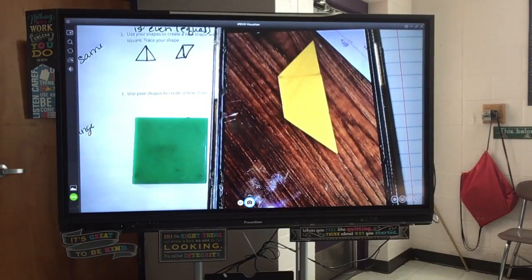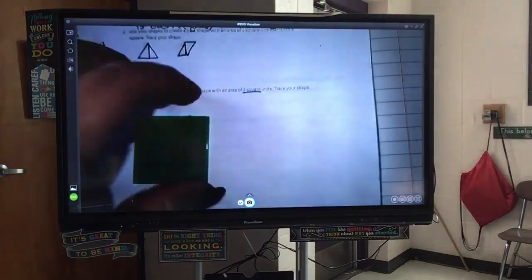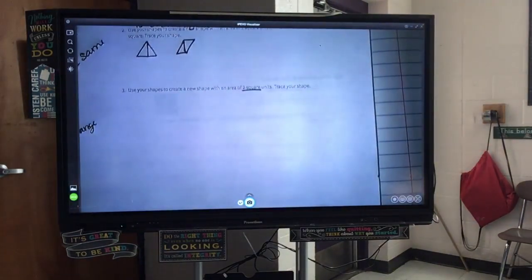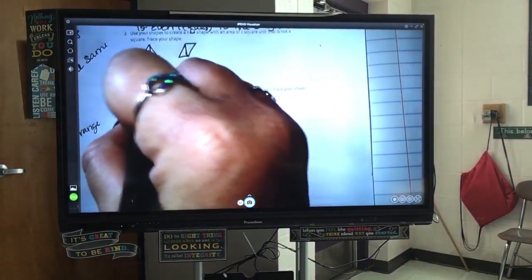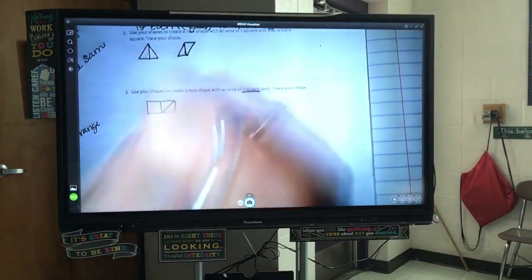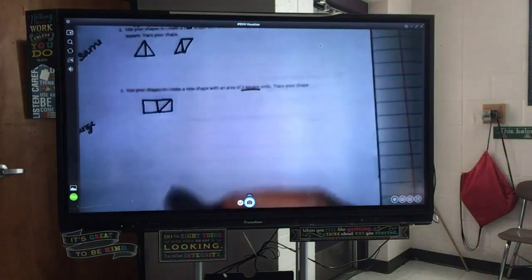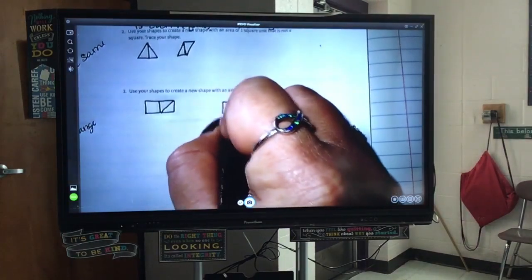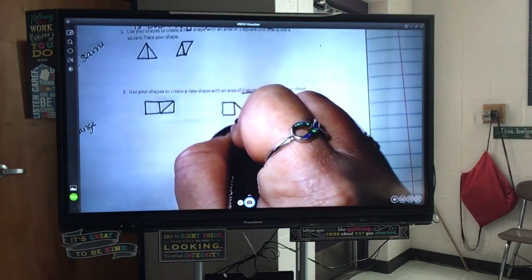How many of you guys took one square and 2 triangles and you put them on the outside and you created a trapezoid? All right, so let's go ahead. We're going to draw those two. So we have our square and our 2 triangles. We have our square in the middle and a triangle on the outside.